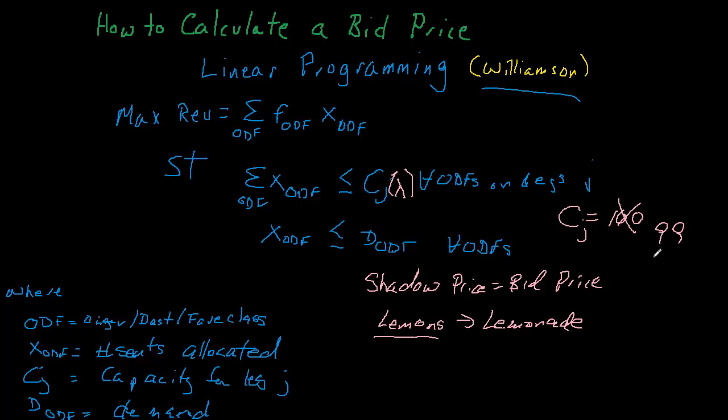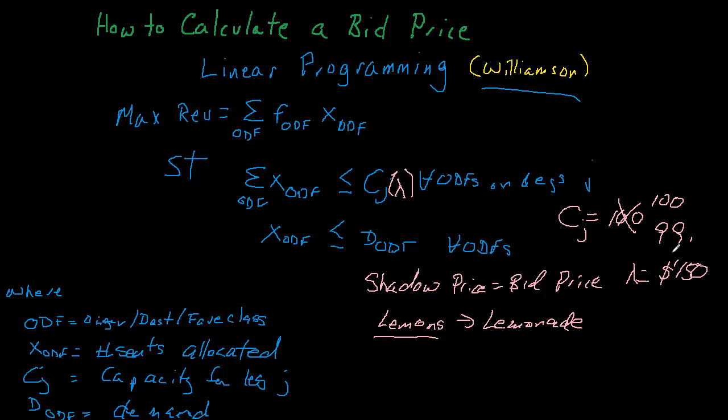From that bid price, we get a value of that incremental seat. So now I know how much the 100th seat is worth to the airline. Using that, I can set a hurdle rate for the fare that I'm willing to accept for that seat. So if the bid price is $150 and a customer comes along and is willing to pay more than $150, then we would accept that customer.